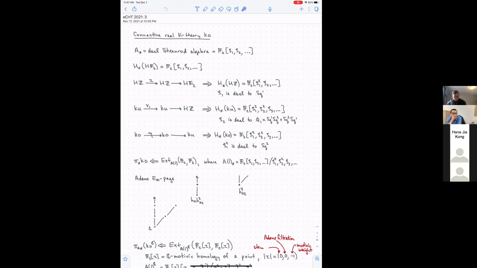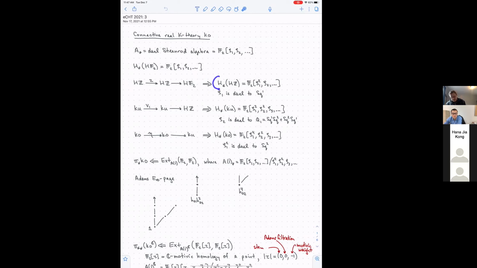Now there is a cofiber sequence here, HZ multiplied by 2 to HZ, and the cofiber is HF2, the Eilenberg-MacLane spectrum. What that means, I've drawn this double arrow here, and I mean implies, but there's some series of algebraic steps, but it turns out it's not that hard. This is really all you need: this cofiber sequence and some algebra.